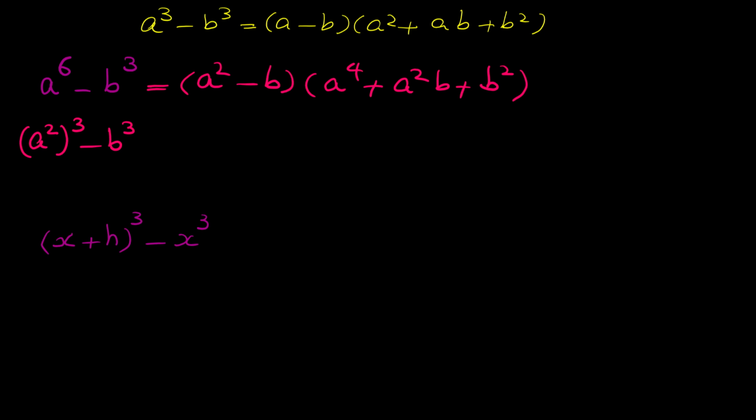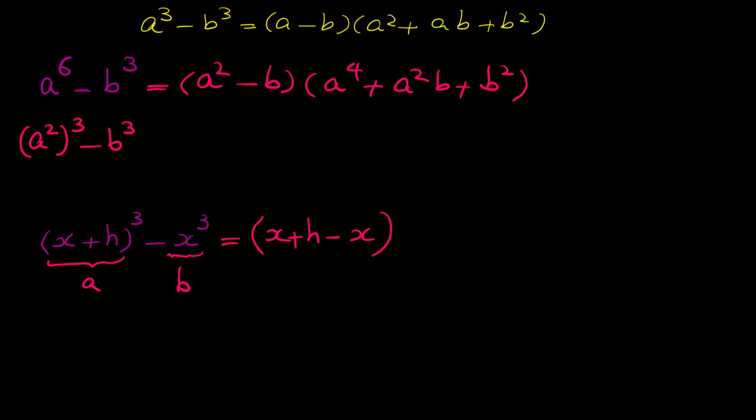Look at the next example. These types of examples appear in calculus courses. Let's try this. This is our a and this is our b. A minus b, so the answer would be x plus h minus x. If you want, you can put a bracket for this part, but it's really not necessary, so it's better not to put a bracket for x plus h.